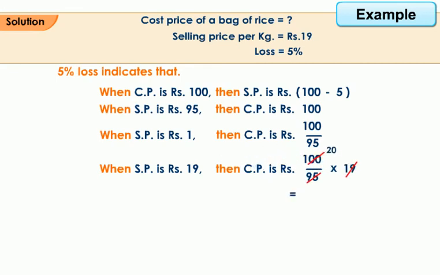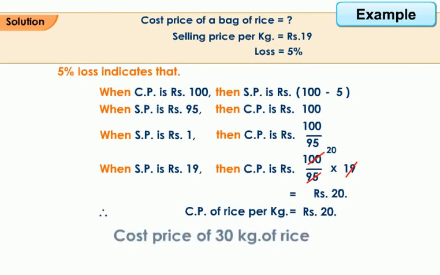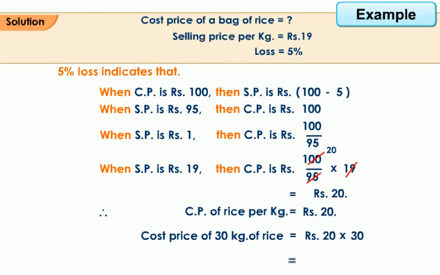That gives us rupees 20. Therefore, the cost price of rice per kg is equal to rupees 20. And cost price of 30 kg of rice is given by rupees 20 into 30, that is rupees 600.